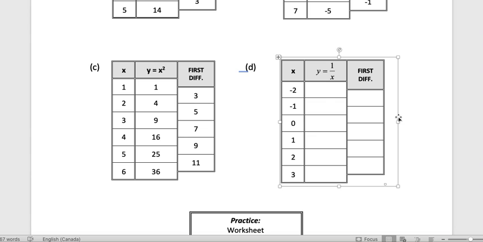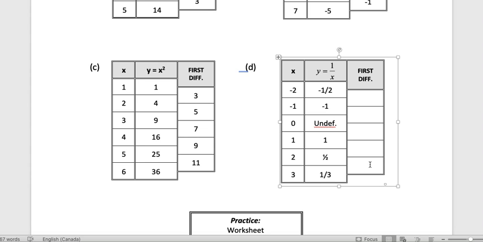Lastly, we have a denominator of x. So we replace our number in the x column with that variable. So here we would have negative 1 over 2. Here we would have negative 1, undefined. Then we've got 1 over 1, 1 half, and 1/3.